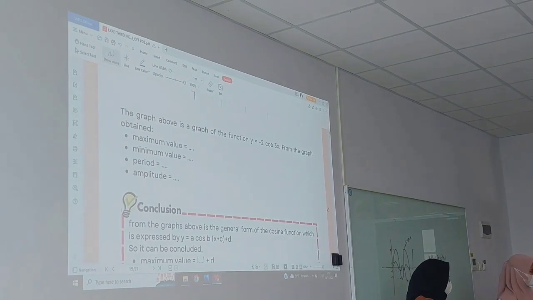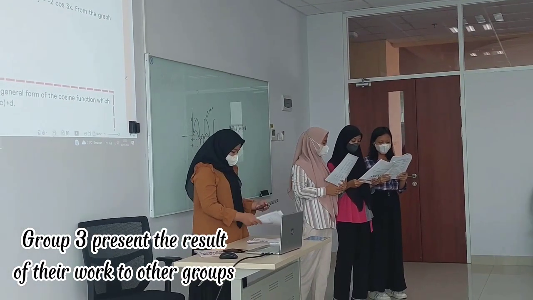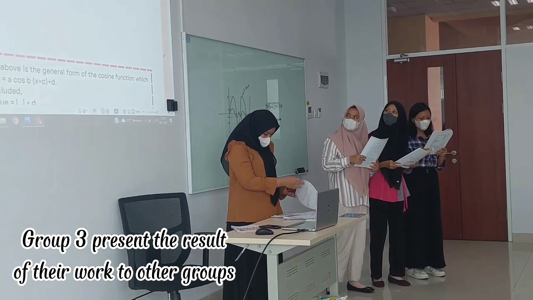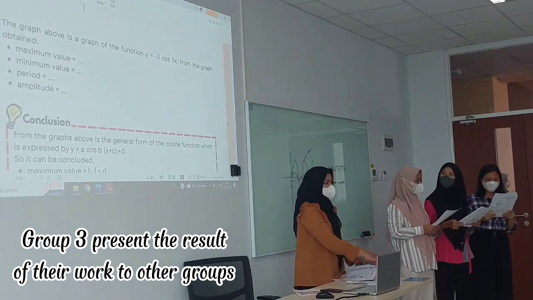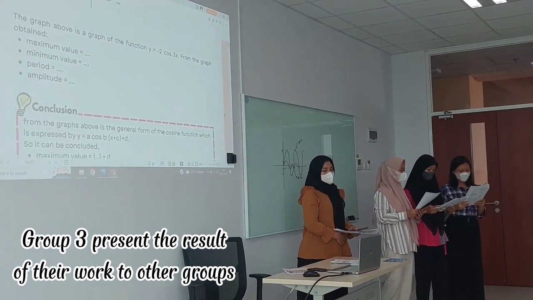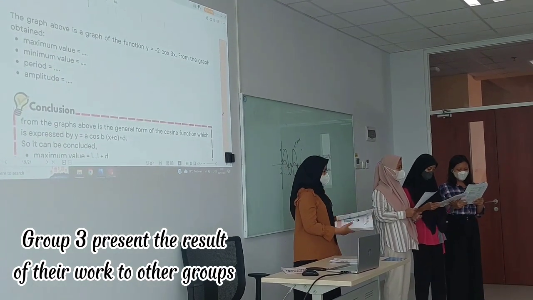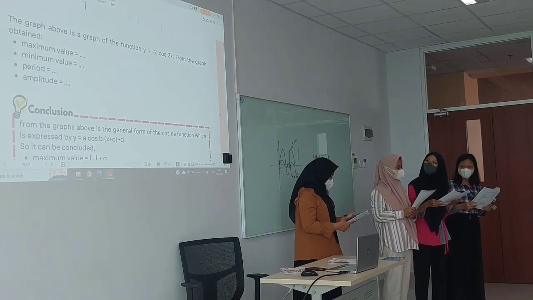The graph we worked on is the graph of the function y equals minus 2 cos 3x. From the graph, the maximum value is 2, the minimum value is minus 2, the period is 2π over d, which is 2π over 3, and the amplitude is 2.